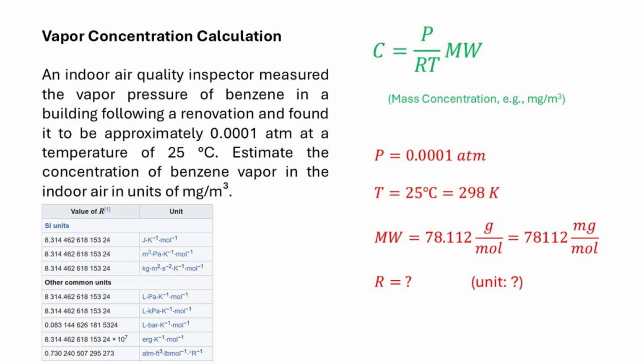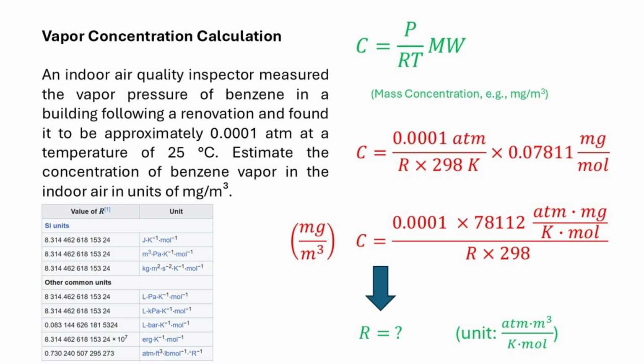As we discussed earlier, the gas constant comes in a variety of units, and each unit comes with different values of R. Hence, it is very important here that we choose the most appropriate unit of R. But how? Let's put all the known parameters into the equation. So the pressure of vapor P equals 0.0001 atm.